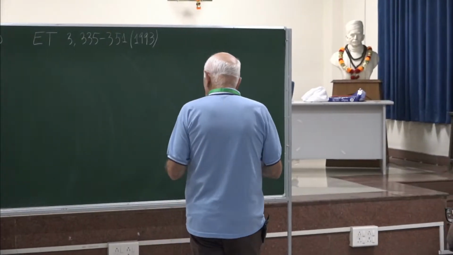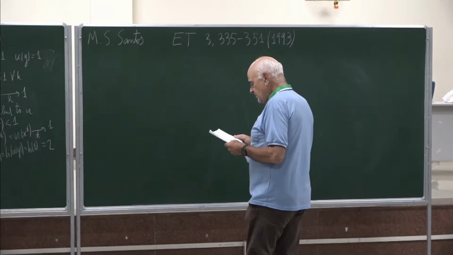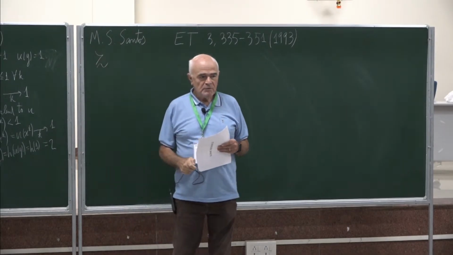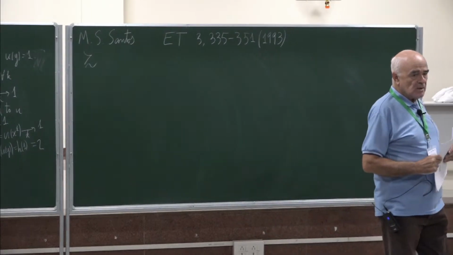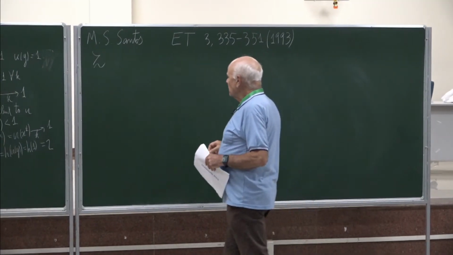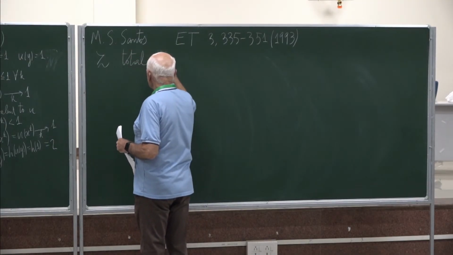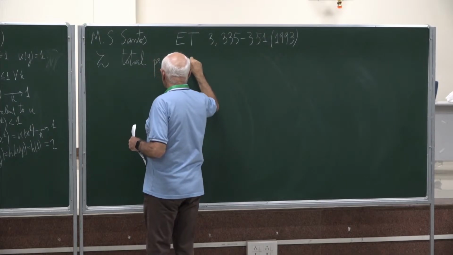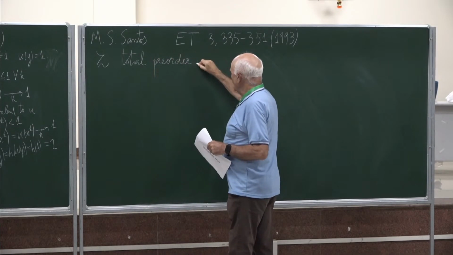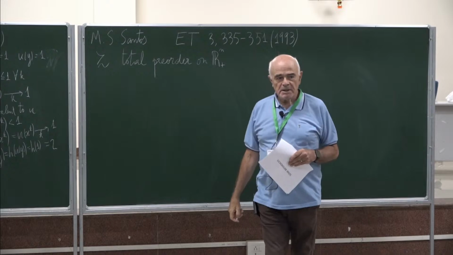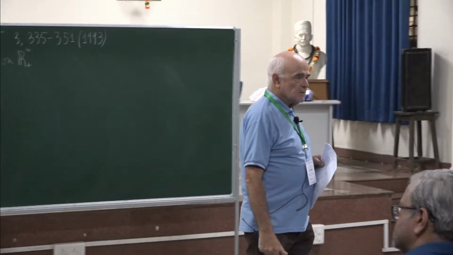No problem with it. So what we did in this paper is, okay, we don't have utility functions. We are not going to use them, but we have a total preorder on R plus n, which represents our preferences. And, well, when you have utility functions, we define the indirect utility function.